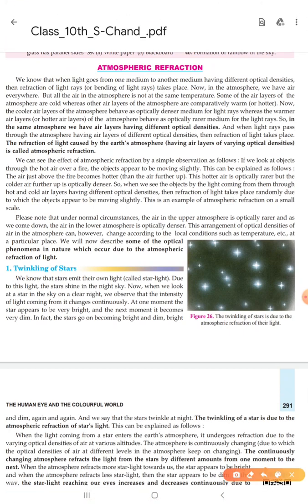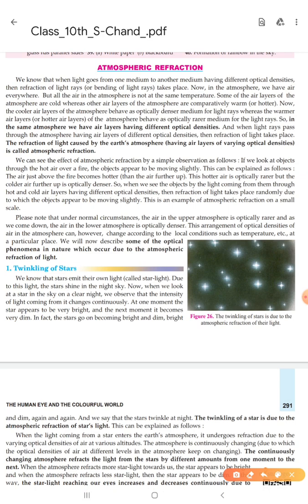The continuously changing atmosphere refracts the light from the star by different amounts from one moment to the next. What does it mean? The atmosphere has different optical densities of air at various altitudes.